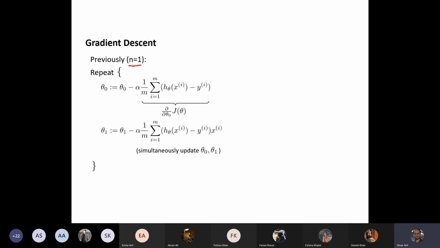For the case when n is 1, which means that it is a single variable, I will have to update only 2 parameters, theta 0 and theta 1. And these are the equations. The value of the derivative is this.